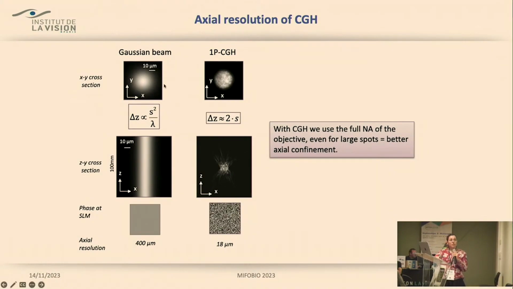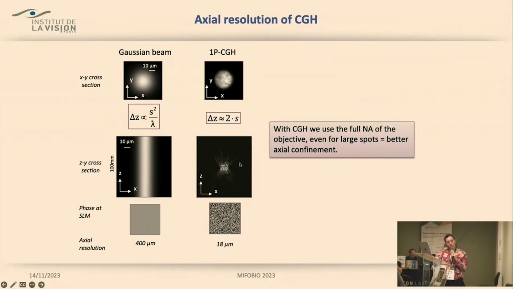If you wanted to generate a similar Gaussian beam, actually you would need to underfill the back aperture of the objective, and so you would lose the axial confinement. You wouldn't use the full focusing power of your objective. You would lose in terms of axial resolution.